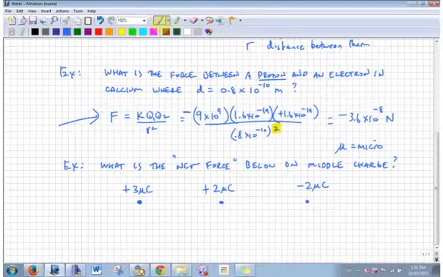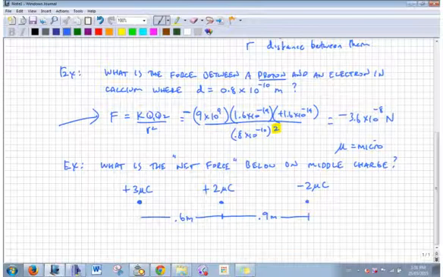Now we need some distances. That's 0.6 meters, and that's 0.9 meters. So again, mu is a micro, which is a millionth, 10 to the minus 6.